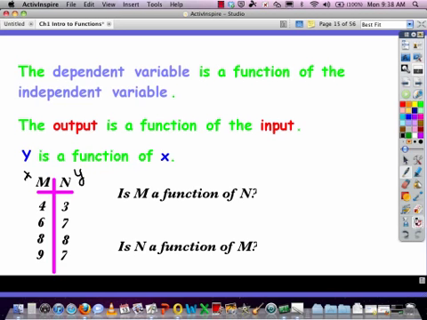It was never stated that way. It was just an ordered pair table. And based on the question, is M a function of N? You already know which one's which by looking back at one of the 3 that you liked from above.